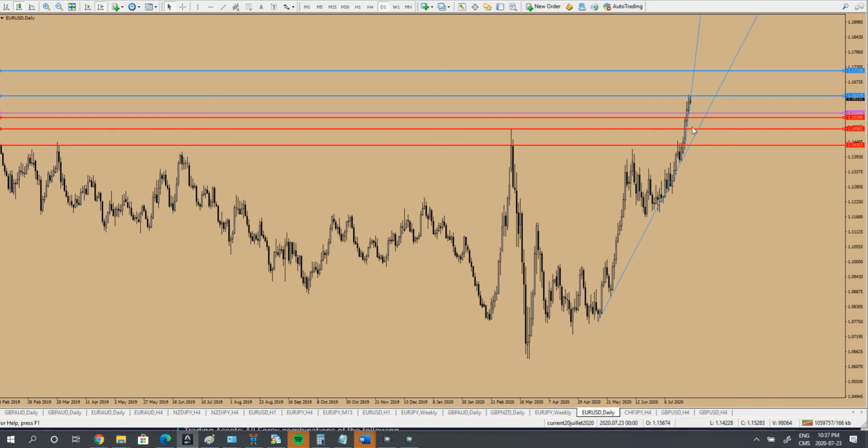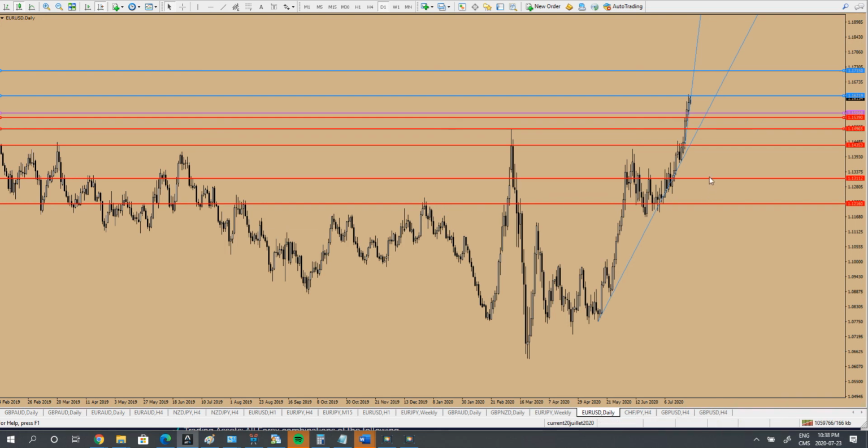If you have it entered after the daily trend line has been broken, now you could enter that trade and consider taking partial of your profits around that area and that area. So that would be a longer-term trade or a swing.